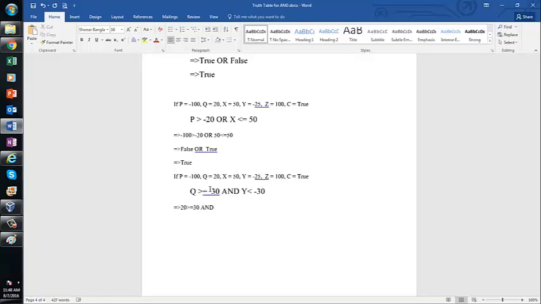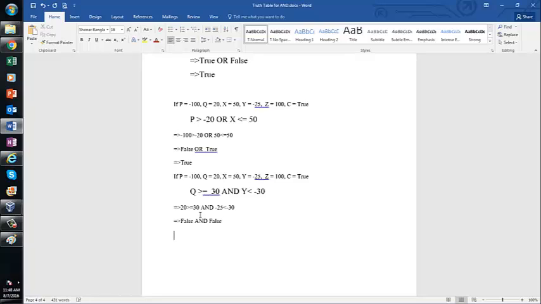Minus 25 less than or equal to minus 30. Now the left hand side, 20 greater than or equal to 30, is false. And minus 25 less than or equal to minus 30 is also false, because minus 25 is a bigger number. It cannot be smaller than minus 30. So both sides are false.